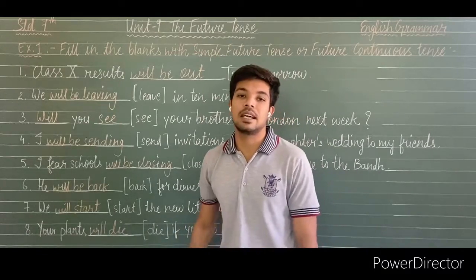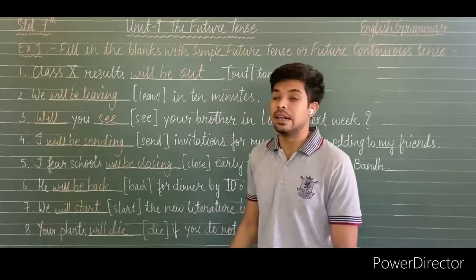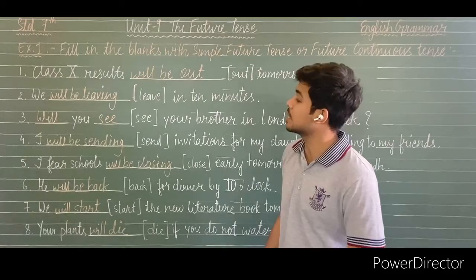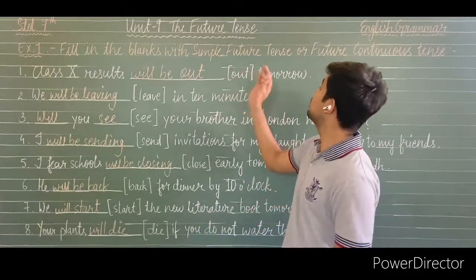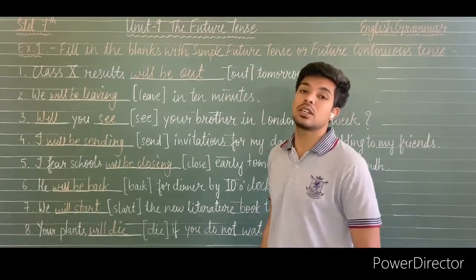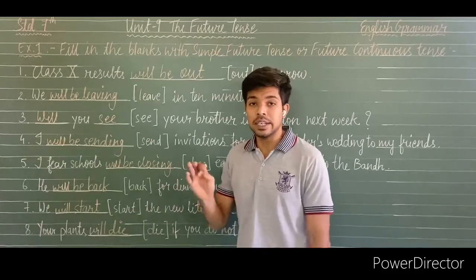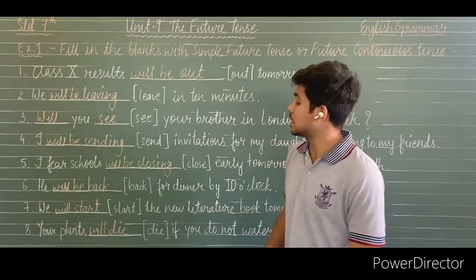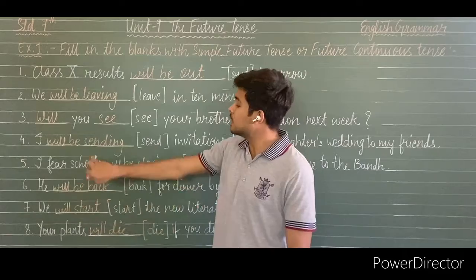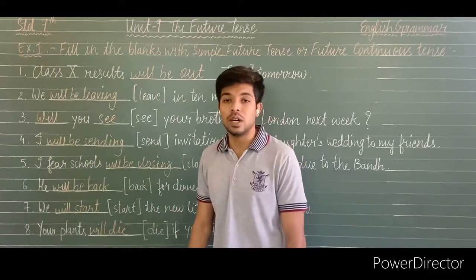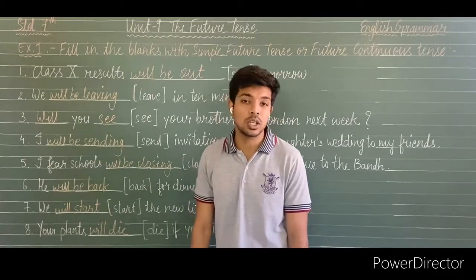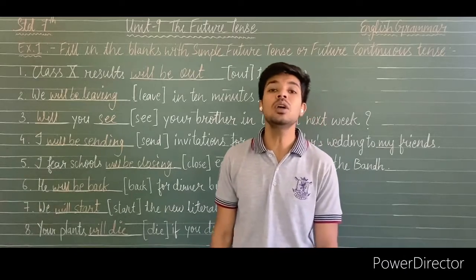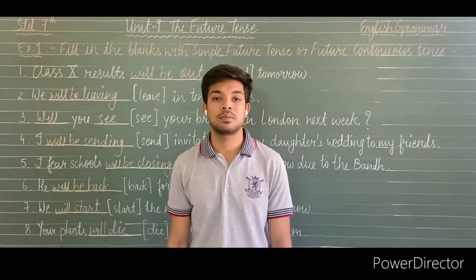So this exercise was related to simple future tense and the future continuous tense. We have understood how to use the simple base form of the verb and the ing form of the verb in simple future and future continuous tense. Now we'll do another exercise.